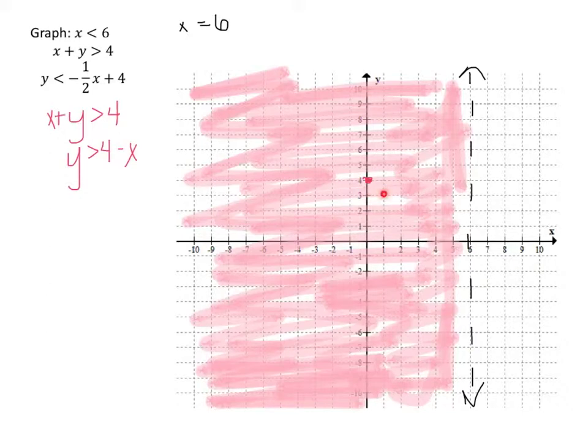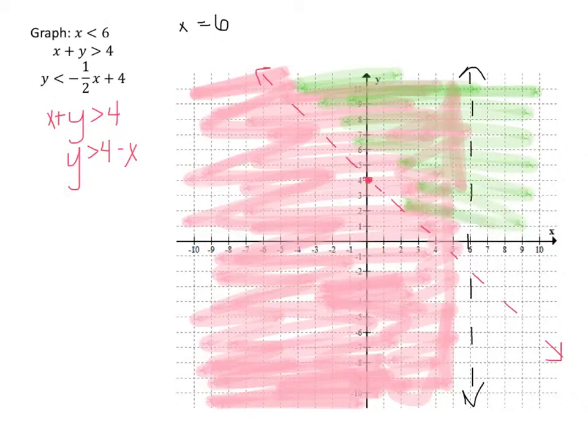That's down 1 over 1, down 1 over 1. And because this is less than, it's a dashed line. And then I need to shade where y is greater than this, so anything above that line will be here.